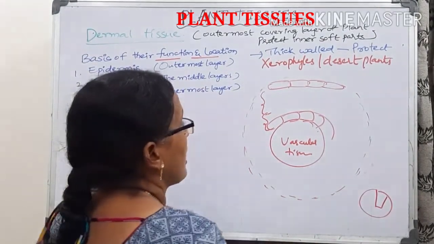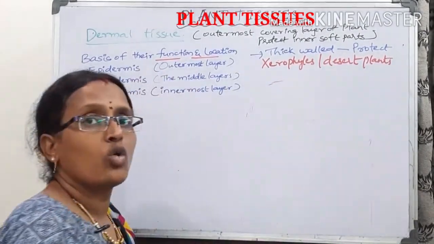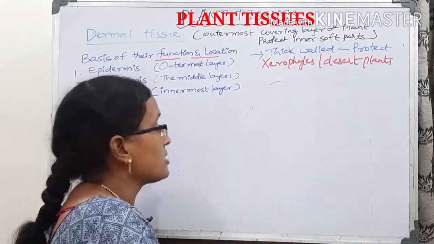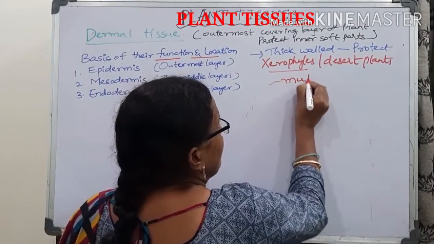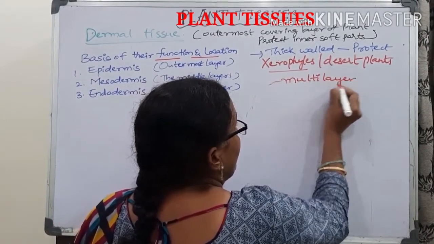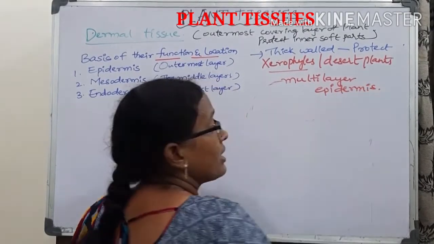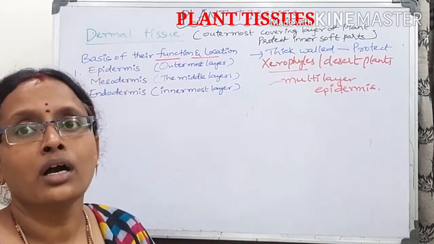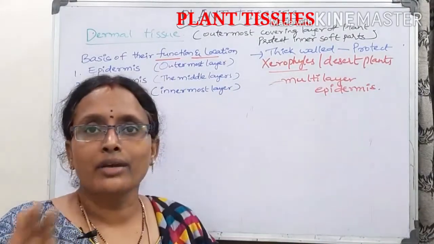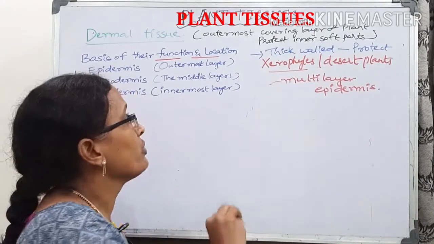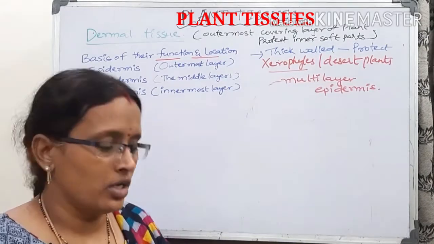These have a multi-layered epidermis, with several layers, to protect against loss of water by transpiration. So in xerophytes the epidermis is multilayered. In normal mesophytes, there is a one-celled layer of thick-walled cells, not thin-walled.